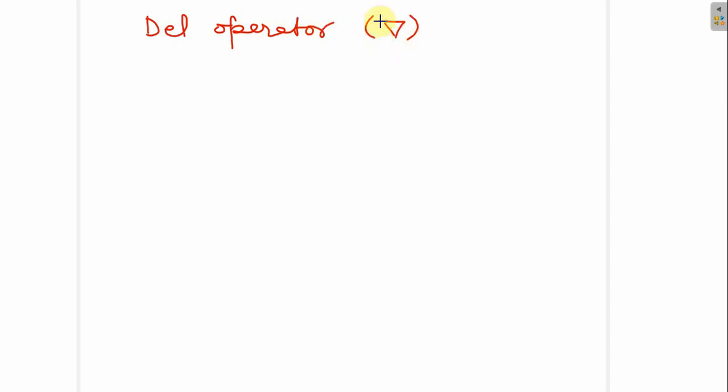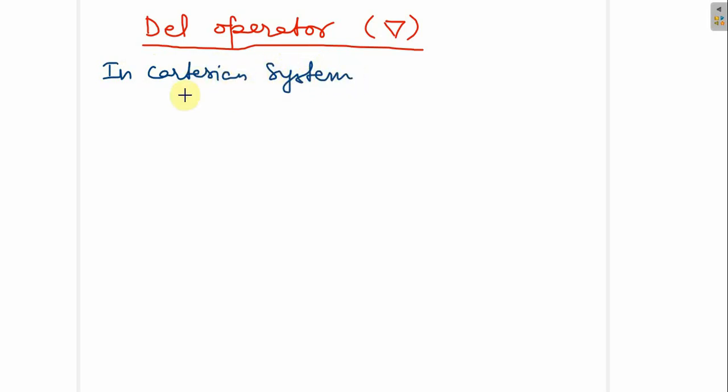By this symbol we represent the del operator. And how do we write this? The del operator in all three coordinate systems will be different. Like the del operator in the Cartesian system, which you might have studied in mathematics also.